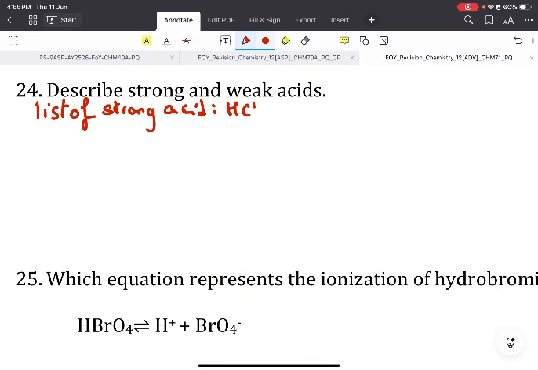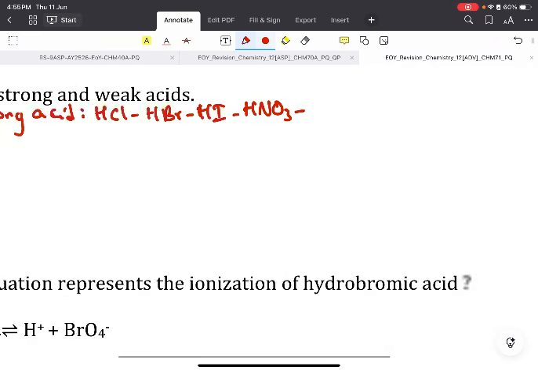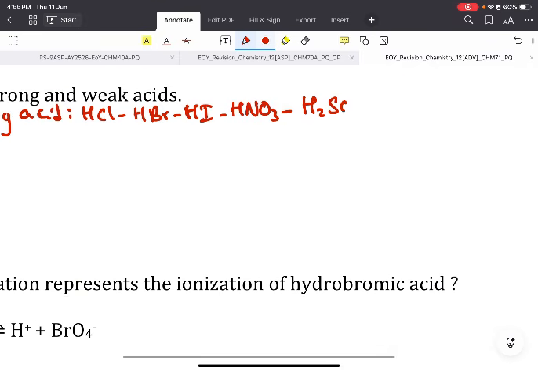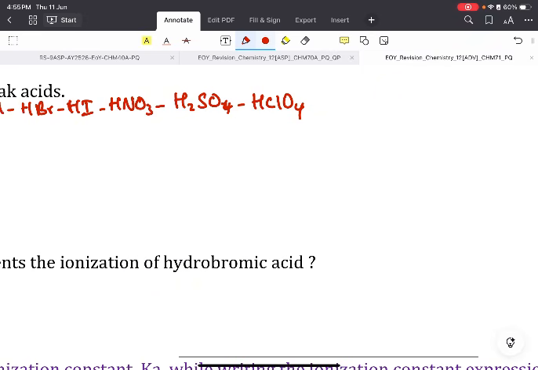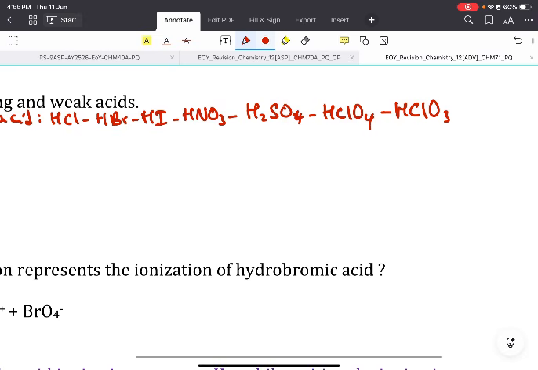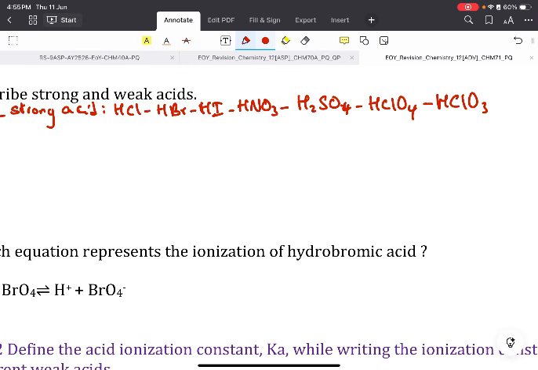The list of strong acids: you have HCl, HBr, HI, and we have the oxy acids, nitric acid, sulfuric acid, and perchloric acid. Now in your answer key, they're also mentioning HClO3, but the most common ones are these that I mentioned.